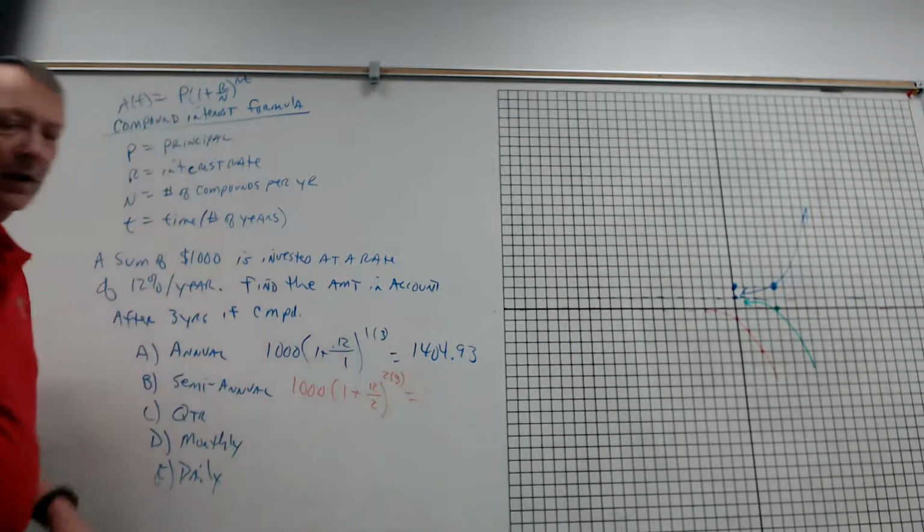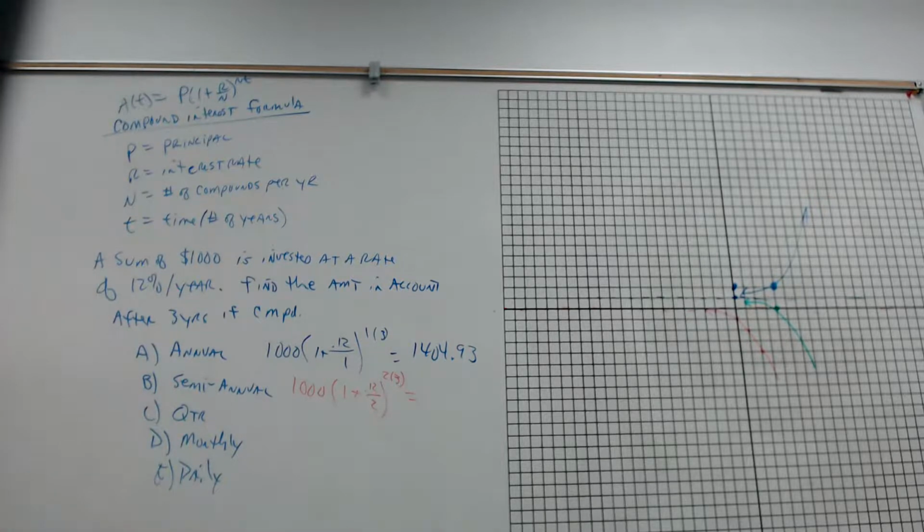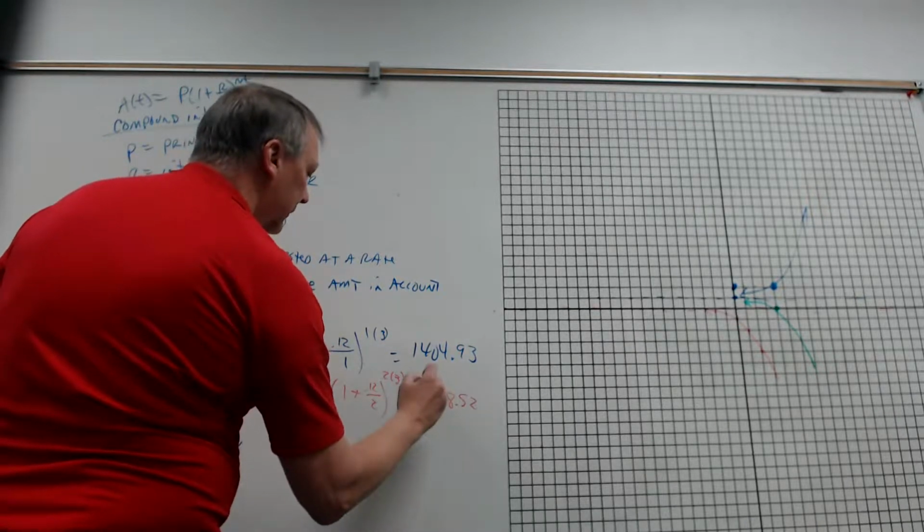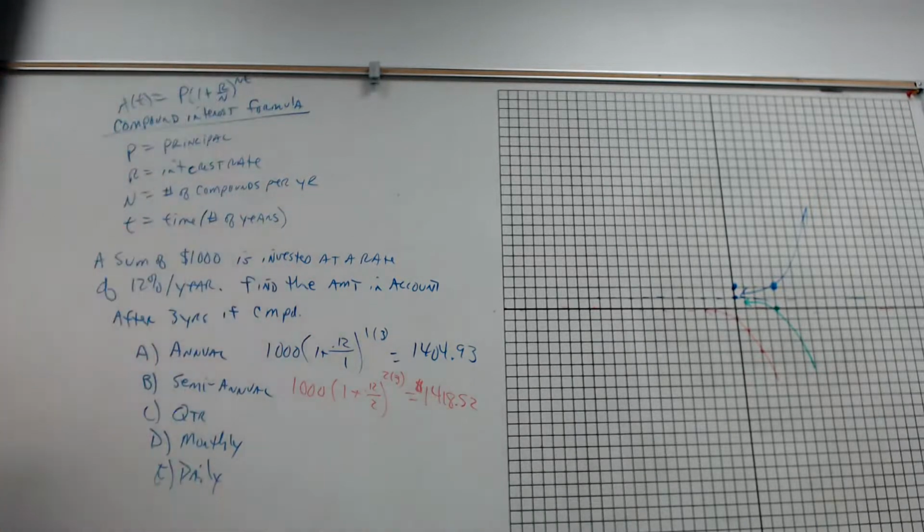And hopefully you can put it in your calculator correctly and you're going to get 1418.52. Now look at the difference between annual and semi-annual. How much more money do you make? Almost $14 more, right? That's pretty good.